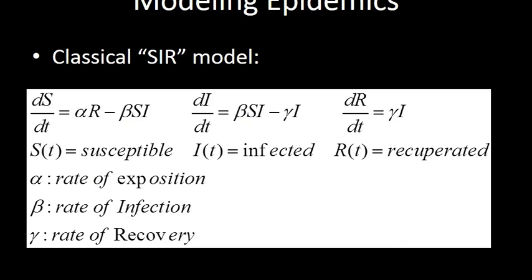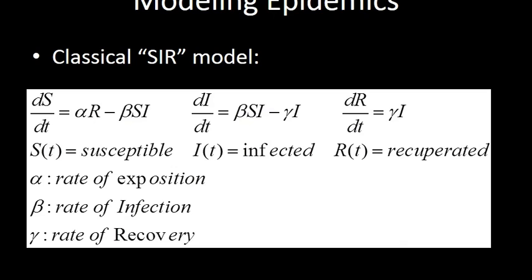The infected individuals grow at the expense of the susceptibles, but they can recover. So there is an ability to be recovered, and that's a negative term in the infected equation.